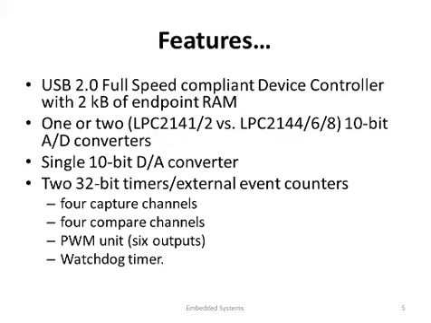Next, a USB port is available there. The version available with USB is 2.0. With 2.0 you get a full speed compliant device controller with 2 kilobytes of endpoint RAM. Means USB has its own separate 2 kilobytes of RAM inside it, as a peripheral.